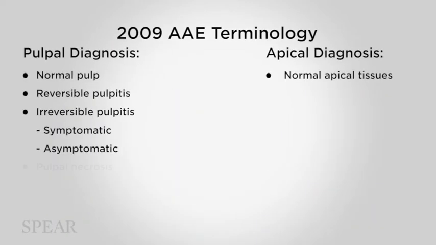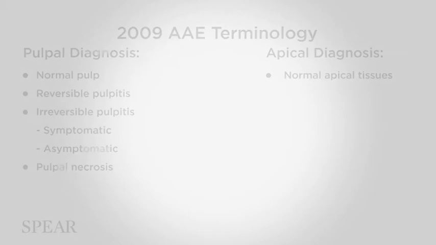You go in there to remove a carious lesion where you thought everything was going to be shallow, but you end up in the pulp and now you need to do a root canal. That gets a pulpal diagnosis of asymptomatic irreversible pulpitis.